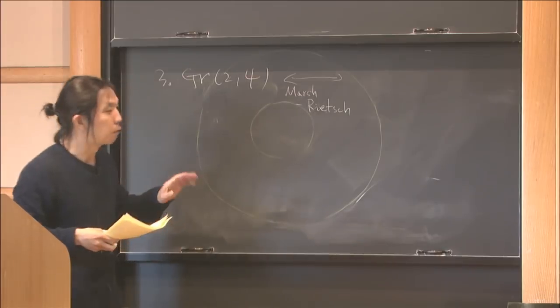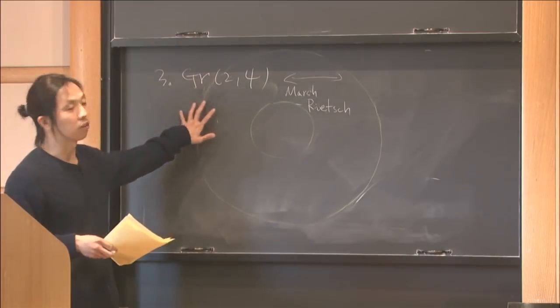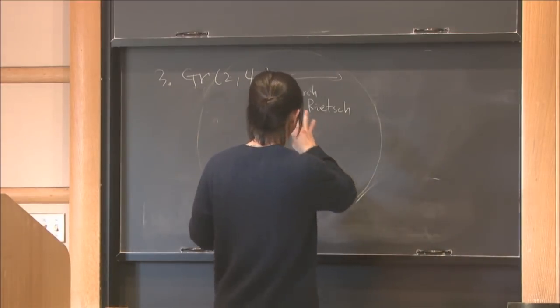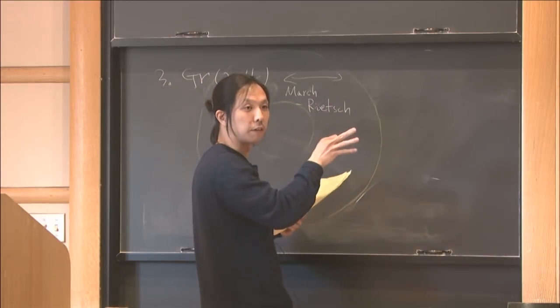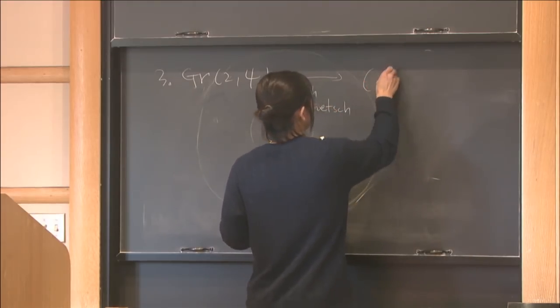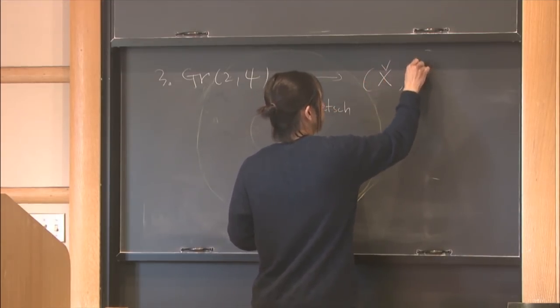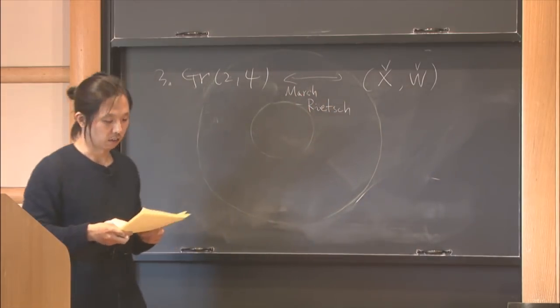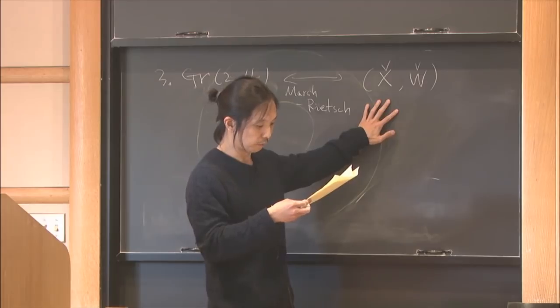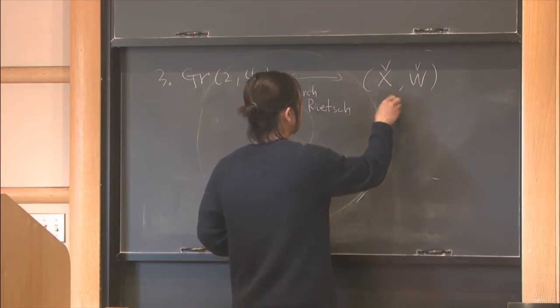They use some representation-theoretic method to construct a mirror of this. I'm not really an expert in that, but anyway, there's some construction, not from Floer theory but from some other approach, to get the mirror X check and W check, which is actually a Landau-Ginzburg mirror, and this is usually called the Rietsch mirror.